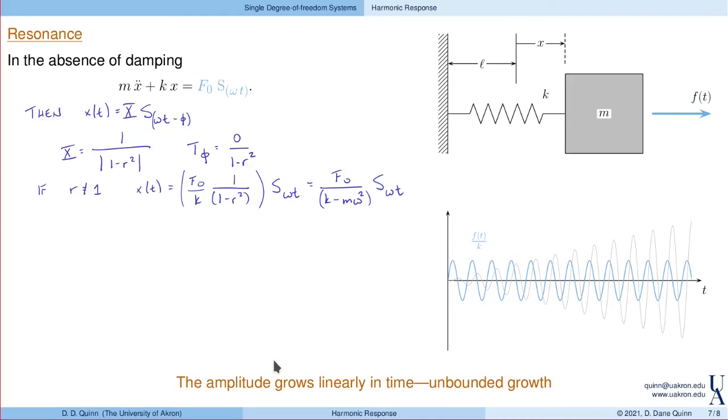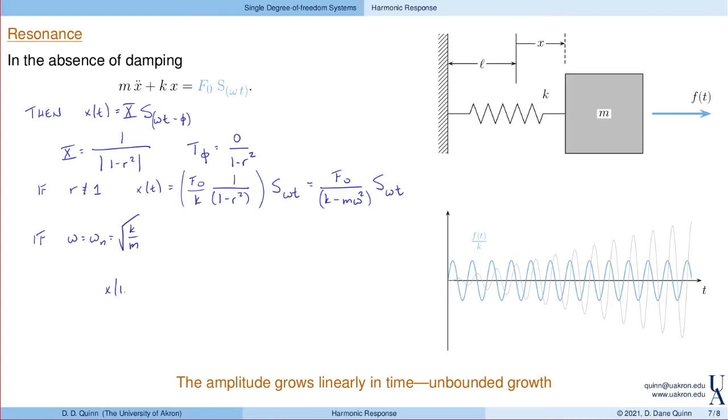But what happens if we're driving at resonance? If omega is equal to omega n, which again is the square root of k over m, then this solution no longer holds because the amplitude is undefined. Instead, we have to return to the differential equation and solve that.